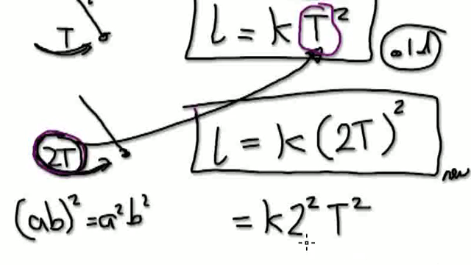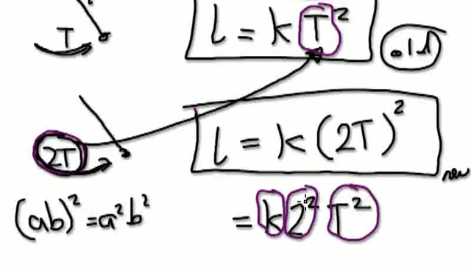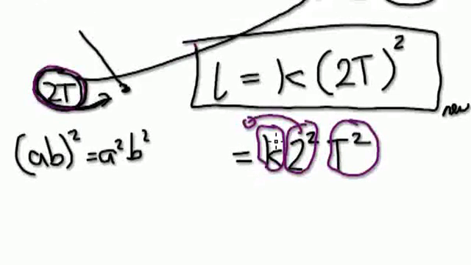Now you've got this thing times this thing times this thing. Move this in front so that we can express the new length in terms of the old length, and you will see what I mean later on.